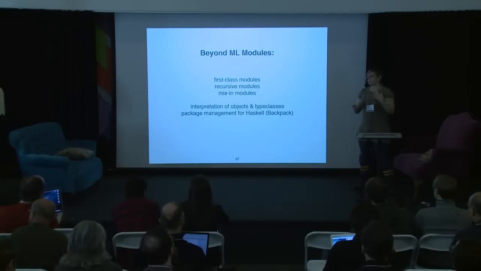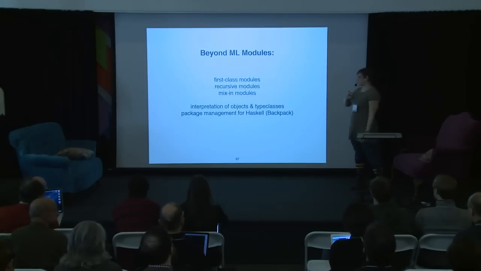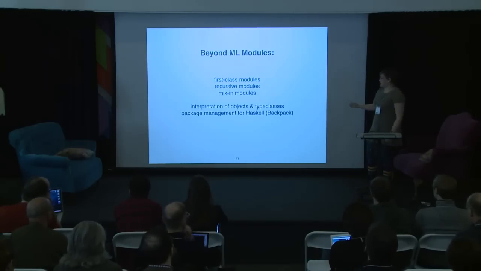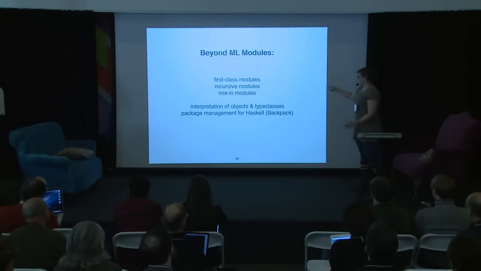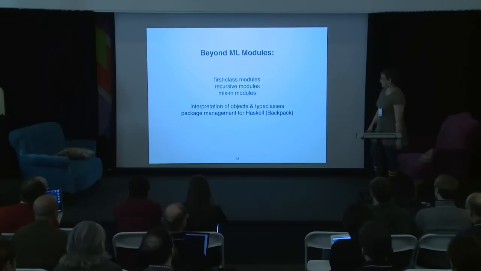And what you can do with all of these mechanisms includes things like interpreting what happens in object-oriented languages and type classes. So the work below the line break is meant to be: here are some applications of some of these newfangled module ideas.